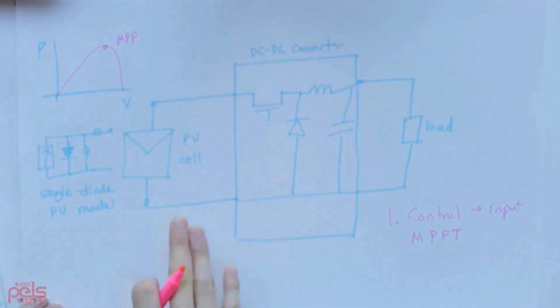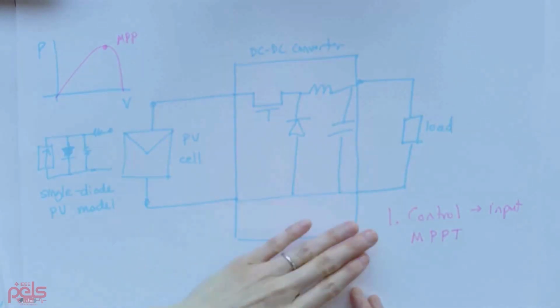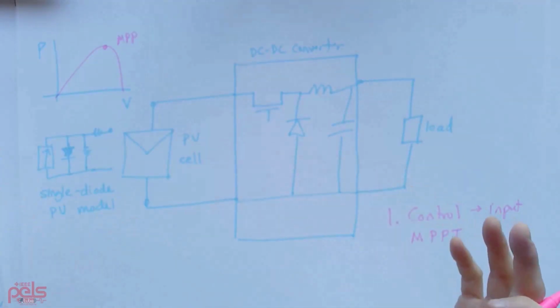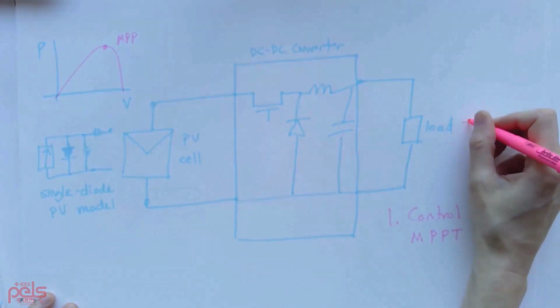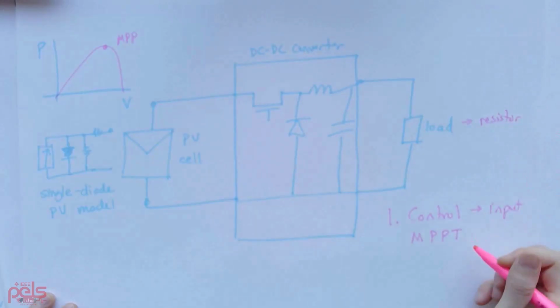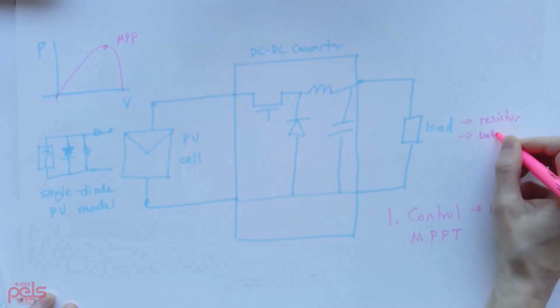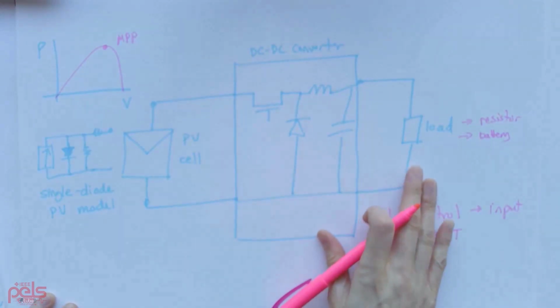You may say then, what happens at the output? Don't I have to still maintain a constant voltage? When you control the input side, what happens at the output is going to be pretty much a power balance. So your load may be a resistor. That's often where you start with a very simple control. Or it could be a type of battery, which is often a very normal application for photovoltaics.